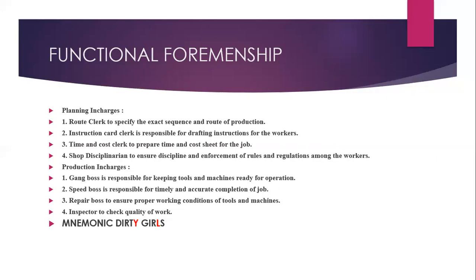How's the output? The mnemonic is very interesting. Just for you guys to remember: DIRTY GIRLS, though girls are not dirty, but just to remember this, you can remember this mnemonic, wherein D stands for disciplinarian, I for instruction clerk, then R for route clerk, T is time and cost clerk, and the Y I've made red, it's silent, nothing is there.